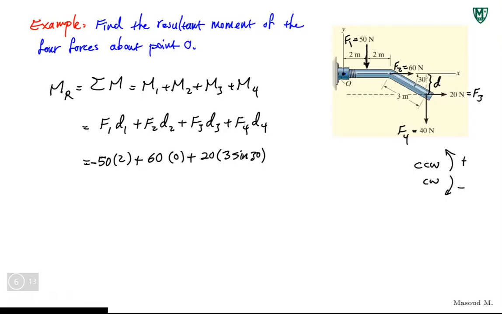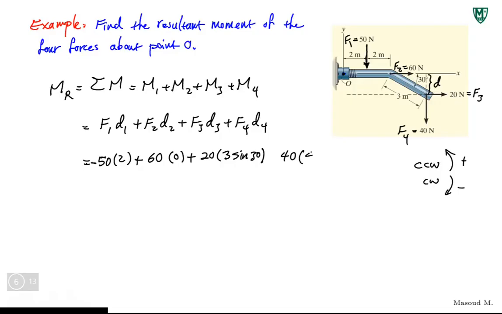Last force is F4, right? Plus, well, let's not put the sign yet. We'll figure that out. F4 is 40 times the distance. What is the value D for F4? Now, find the line of action of F4 and the perpendicular distance between that and point O. That's 3 cosine 30, exactly.